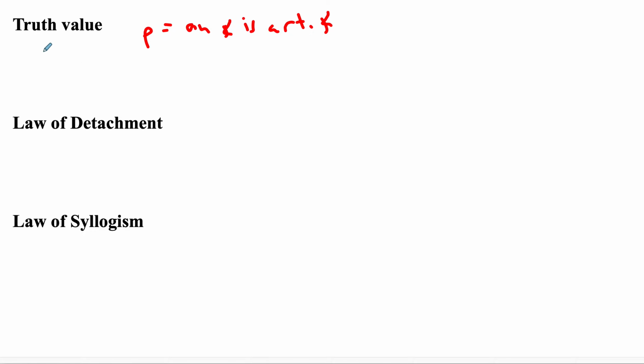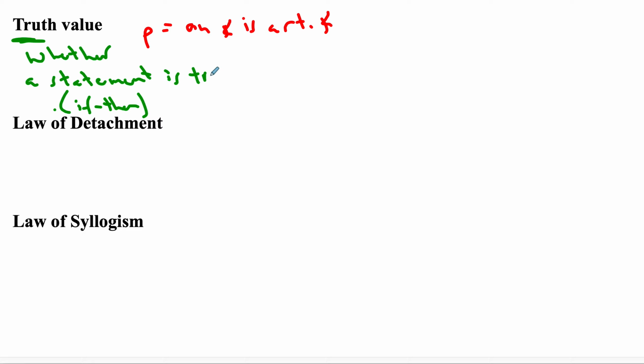We really concern ourselves with truth value, that is, whether a statement, and when I say statement, I mean an if-then statement, is true or false. So if I have a statement P implies Q, so if P then Q, then maybe it is a true statement.